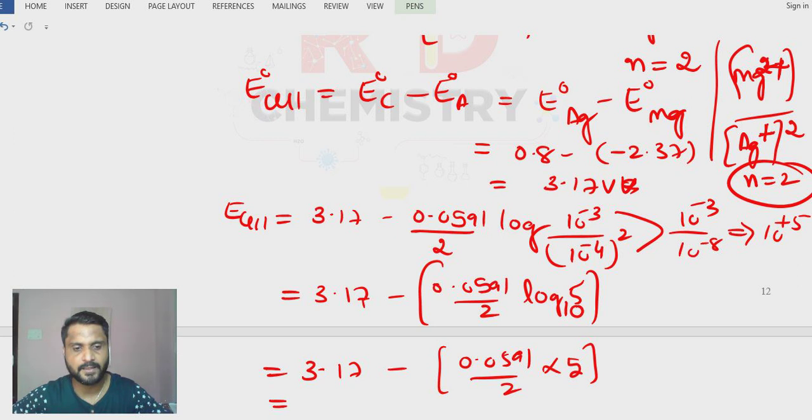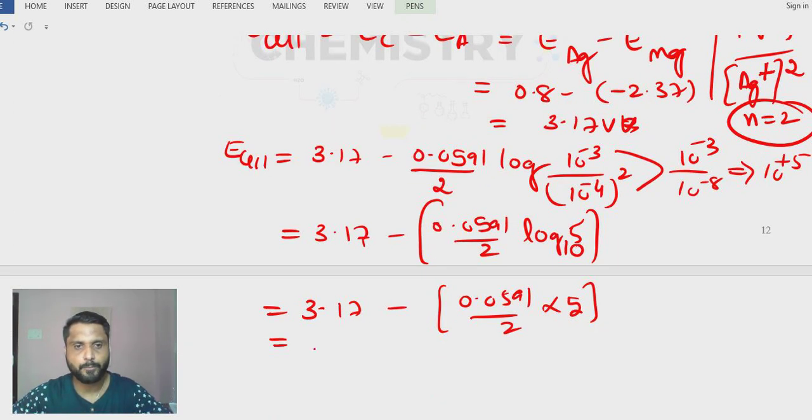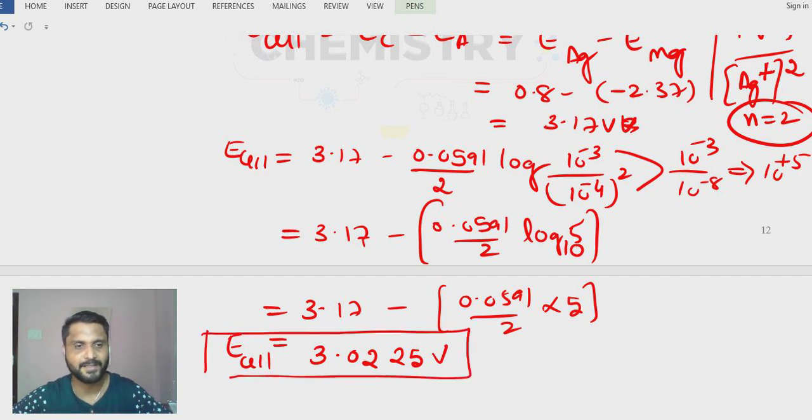So the final answer is 3.0225 volt. Remember, you write the answer in terms of volt here. Okay, this is the final answer. Clear?